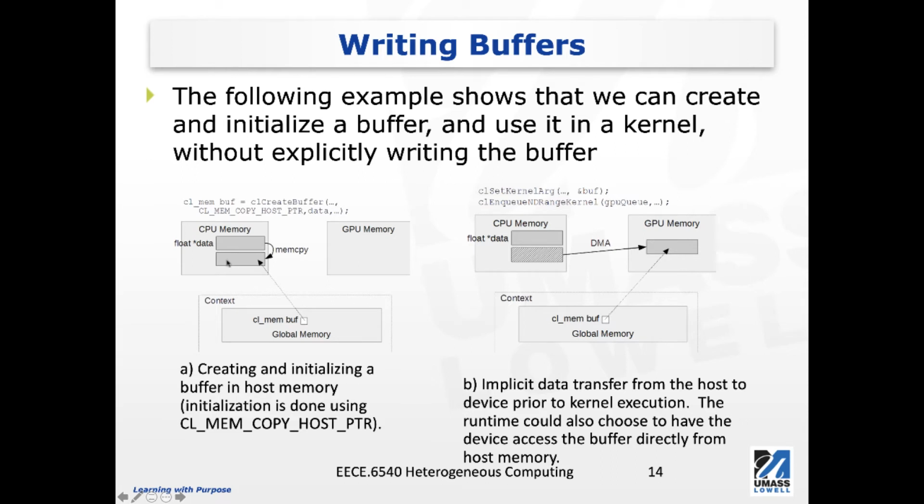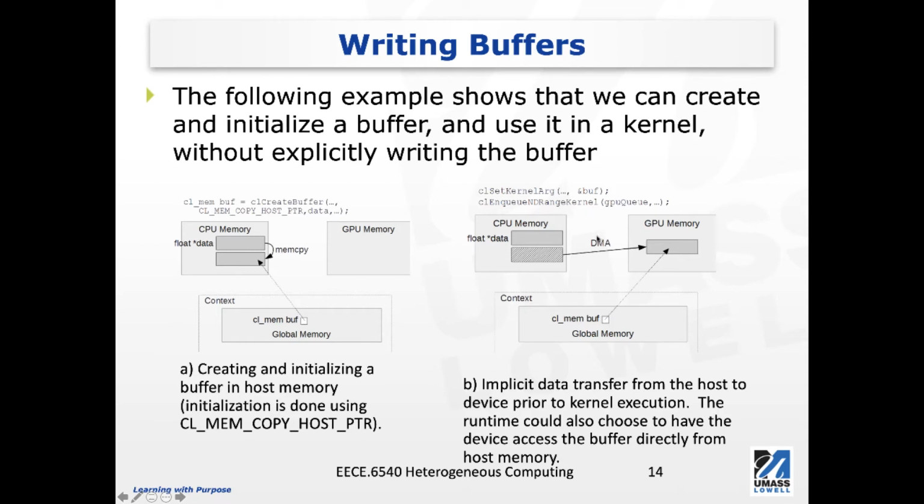Even though this buffer is physically in CPU memory, conceptually we know that we have created this buffer in the global memory space of the OpenCL context, and this memory object should be visible and accessible to all the compute units on the device side. In the next step, when we use set kernel argument and clEnqueueNDRangeKernel, OpenCL will know that the buffer will be used by the kernel.